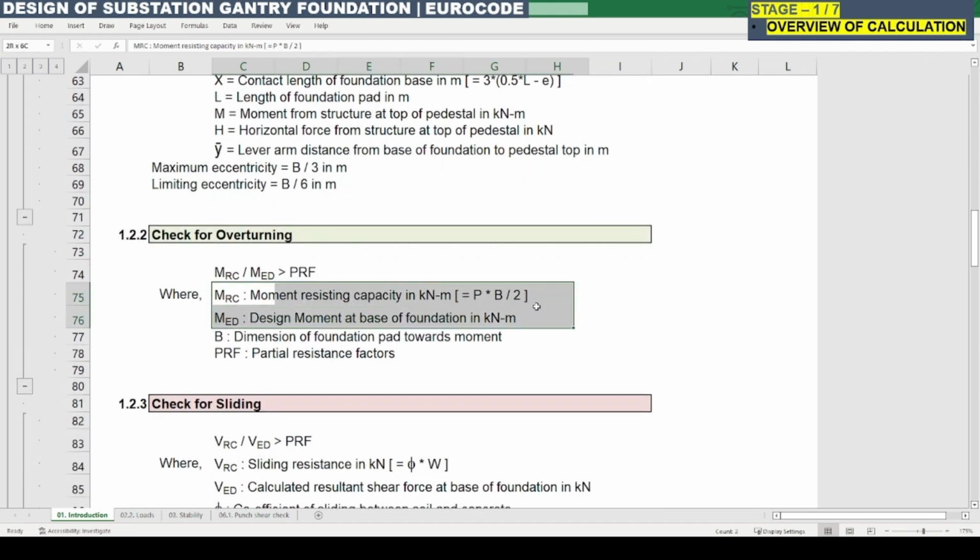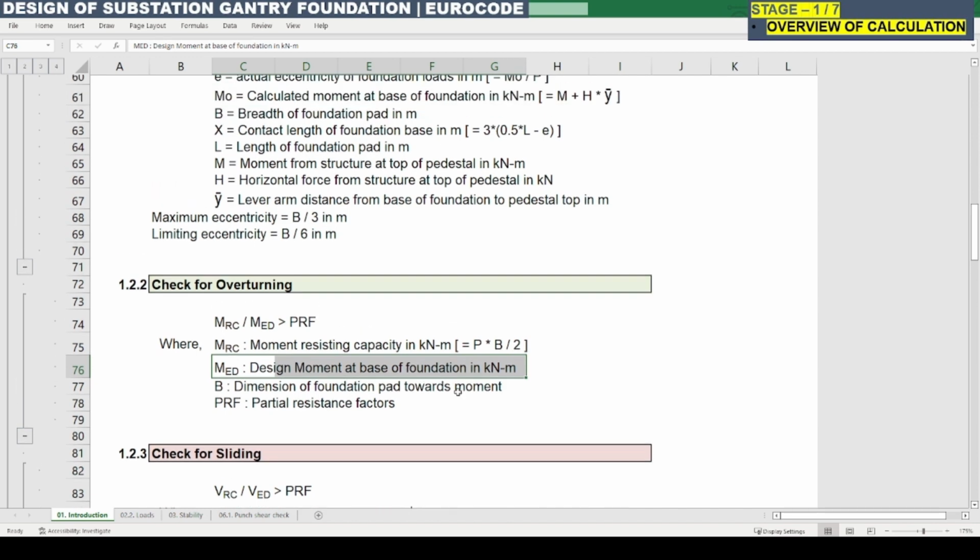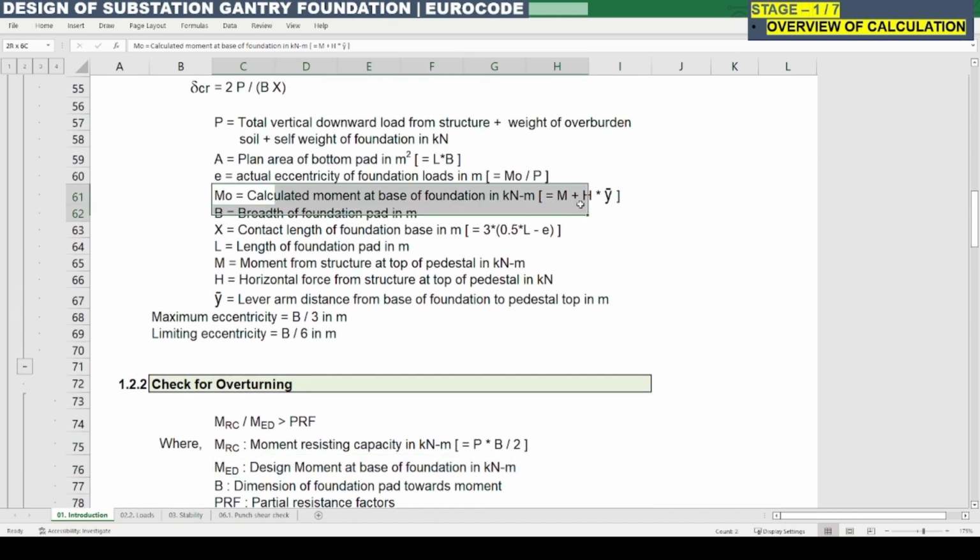So in this way we can find out the moment resisting capacity of the foundation, and the MED is the design moment at the base of the foundation. This is nothing but what we had calculated here: MO equal to the calculated moment at the base of the foundation, which is equal to M plus H into Y bar. So here that Y bar we know, and M and H are the moment and horizontal forces from the structure. So we can calculate this one.